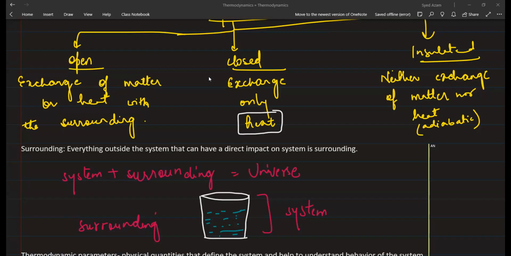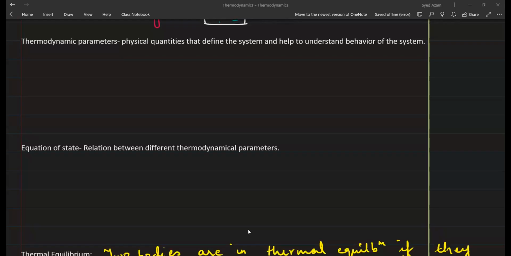Of your chemistry, you must have done. Yes, class. I was saying that in chemistry class 11th, you have thermodynamics.